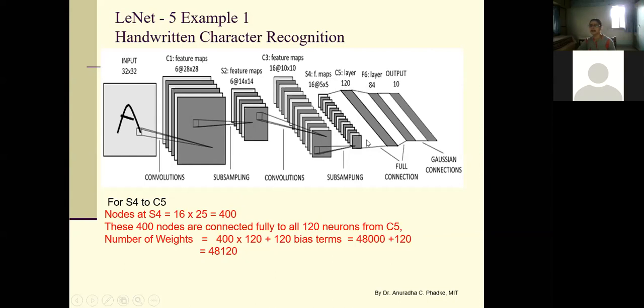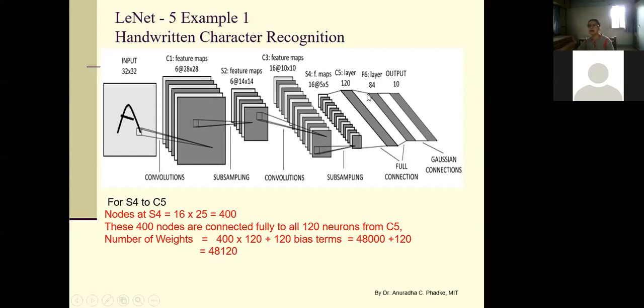This is exactly similar to weight connections for a conventional neural network. So there are total 400 into 120 weights between S4 and C5, and for every node from C5 there is one bias term. So this 120 is added, and in all we get 48120 trainable parameters for layer C5.